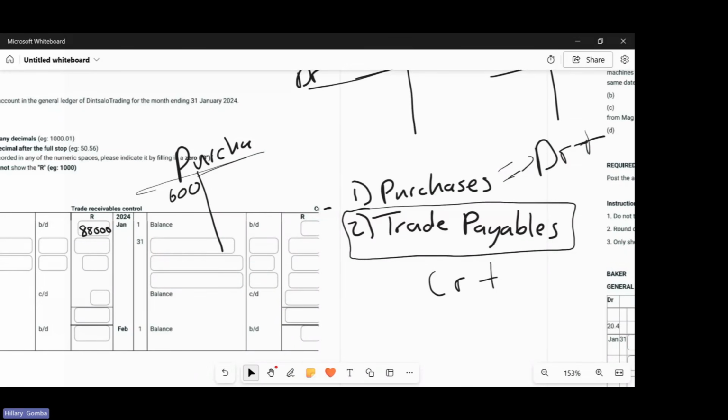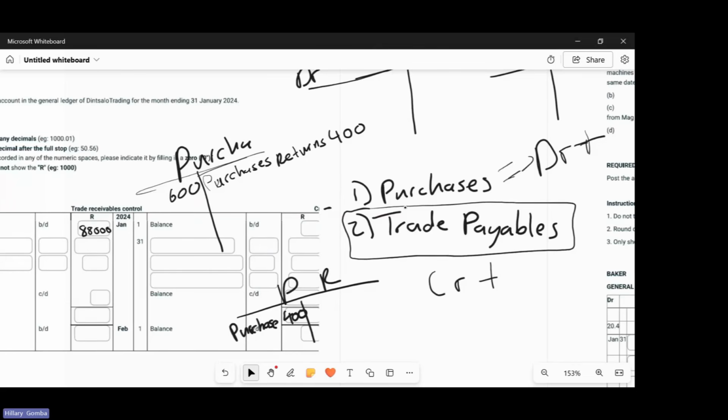By 400. Is that correct? Yes. Which means on the credit side of purchases, we will record what? 400, purchases returns. And then on the debit side, we record what, and with how much?